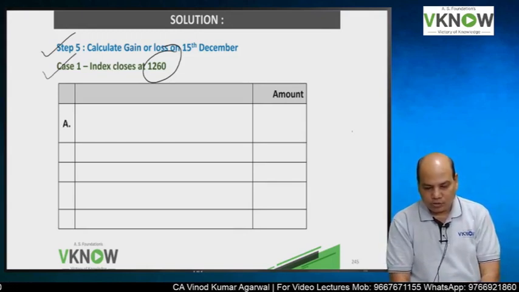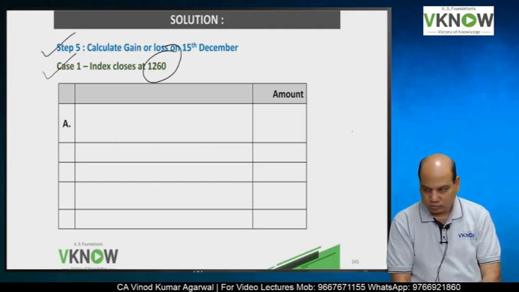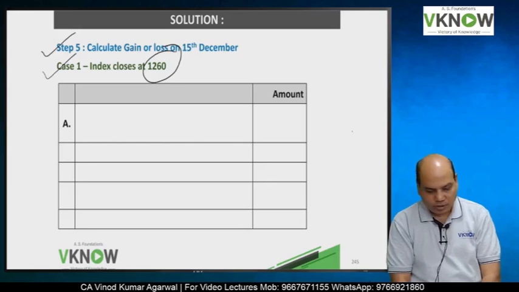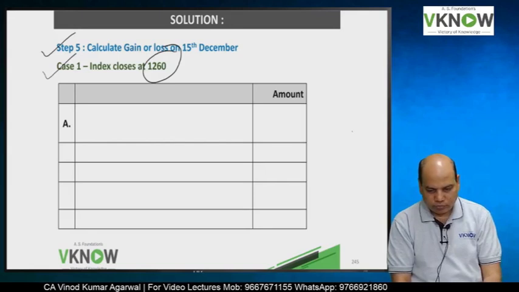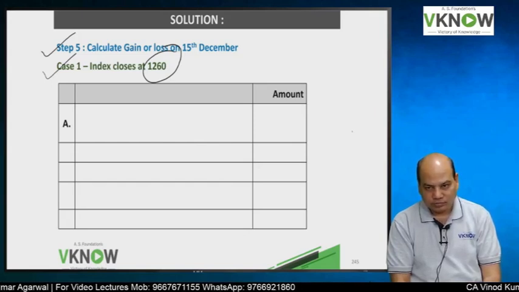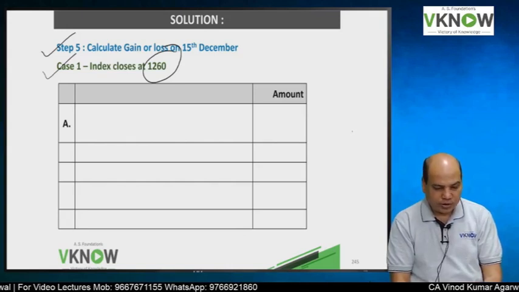Calculation of gain or loss on 15 December. Under that, write down case 1: index closes at 1260.